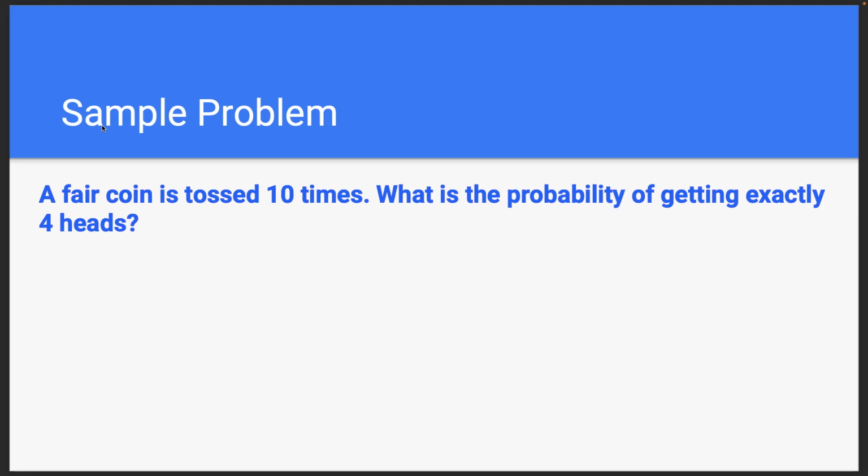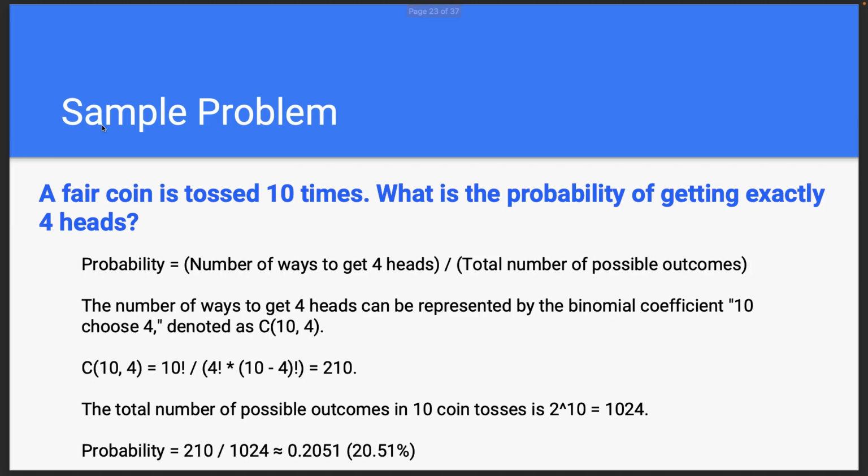So we know that we have an array where each element is H or T, representing head or tail, because we toss the coin 10 times. So how many different arrays would we have? 2 to the 10. Yeah, 2 to the power 10. And that would be easily a simple problem that uses the binomial coefficient, or we call it combination. And yeah, that's the solution. And the probability would be something around 20%.